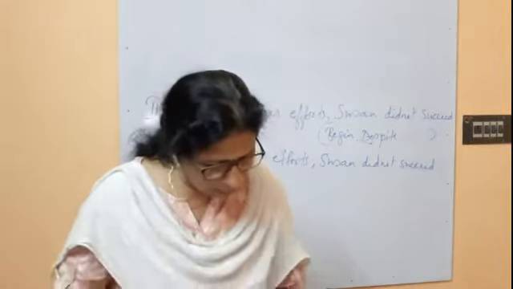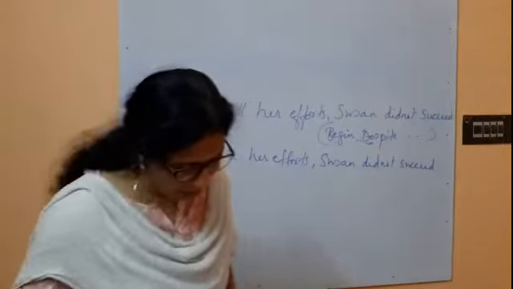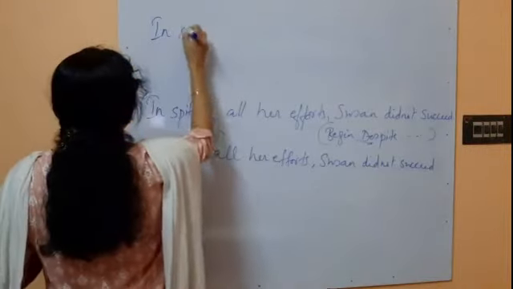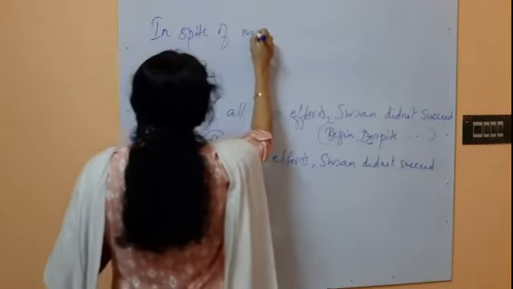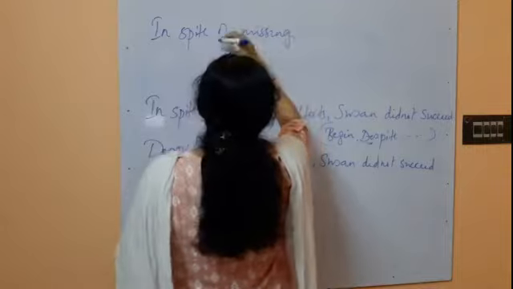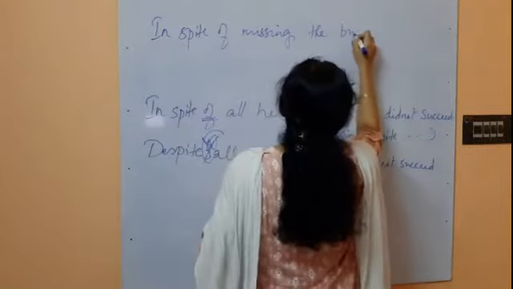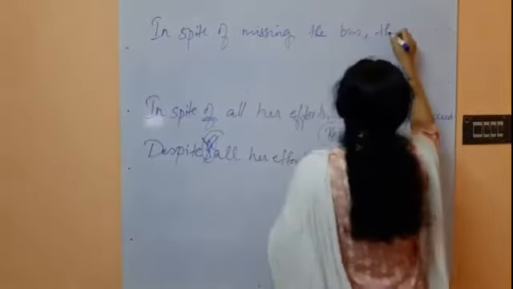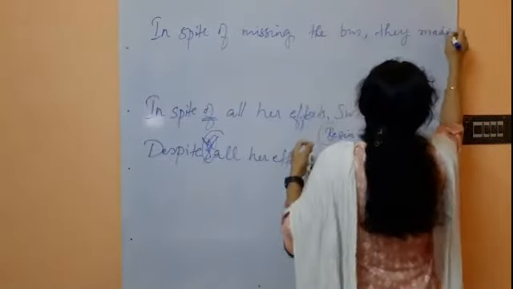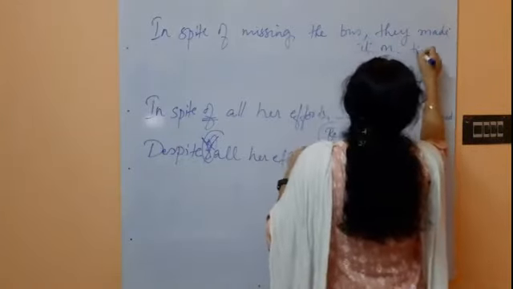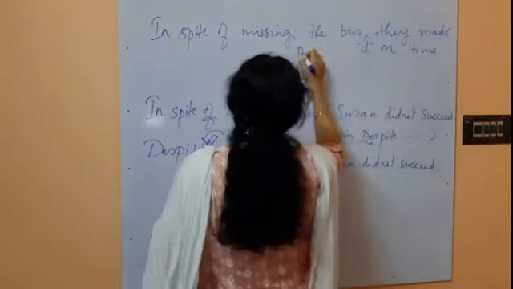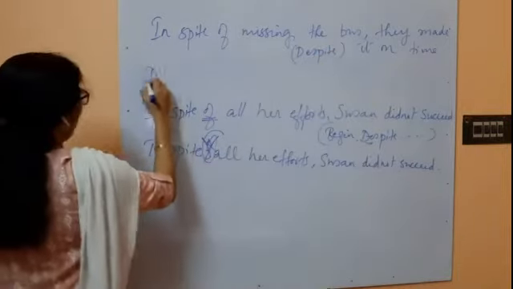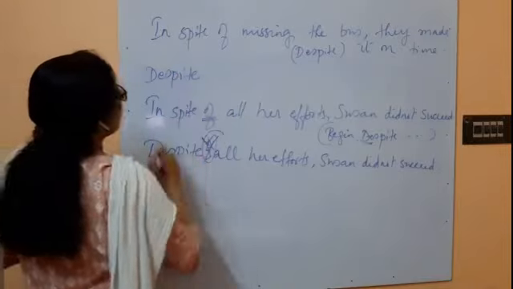And next, with despite itself, I will give you one more. In spite of missing the bus, they made it on time. In spite will always be followed by of, but despite won't be followed by of. Same with despite. How will you do? Despite missing the bus.